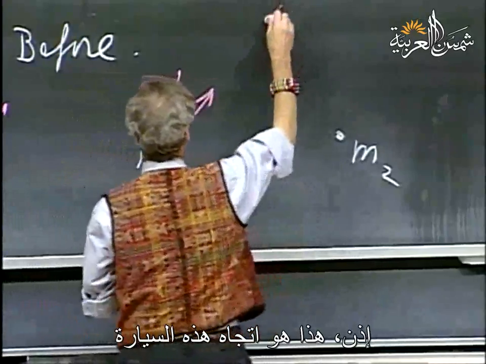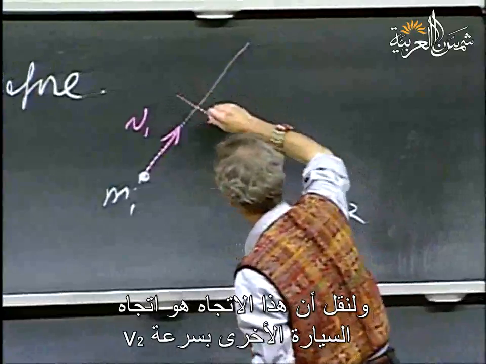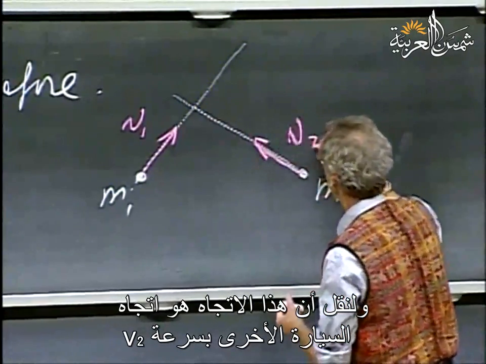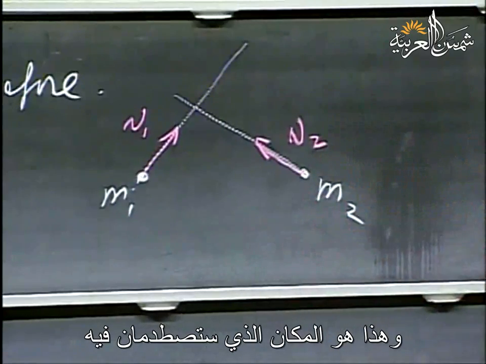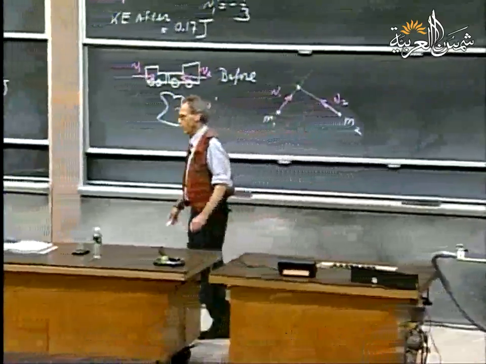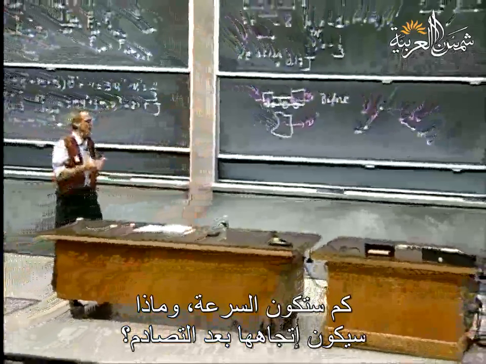So this is the direction for this car, and let's say this is the direction in which the other car is going, velocity v2, and tragedy has it that this is the place where they're going to collide. In what direction and what will be the speed after the collision?